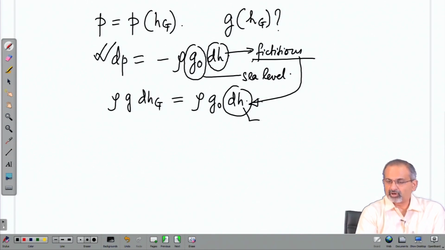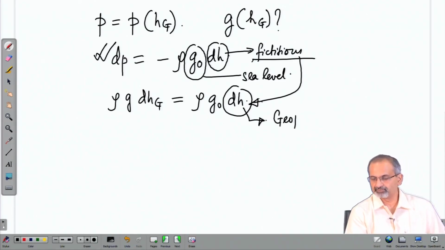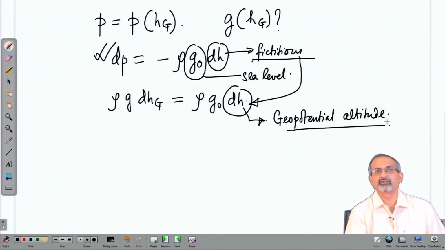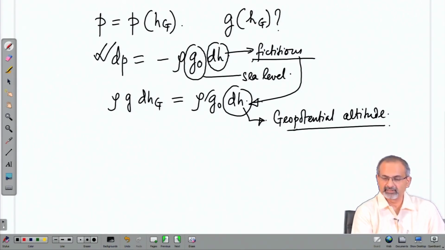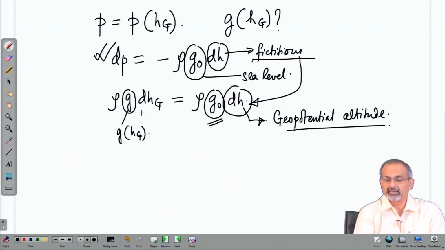Now, this altitude which we are talking about is basically the geopotential altitude. The only role of this altitude is to bring about this convenience of using a constant value of the acceleration due to gravity, which is available at sea level, instead of accounting for its change with height, because this g is basically a function of hg, and we do not want to go ahead with that complication. So, we have brought in a constant over here.